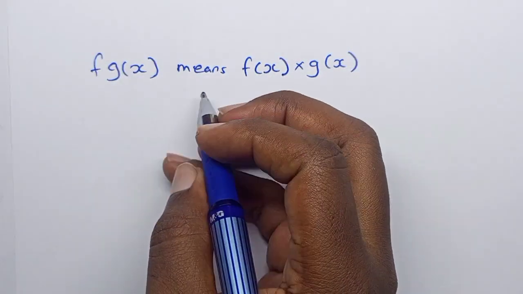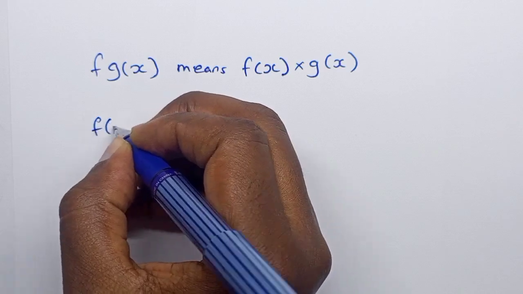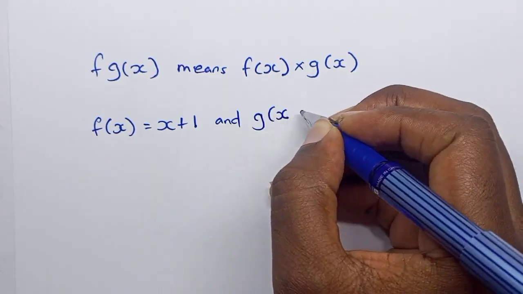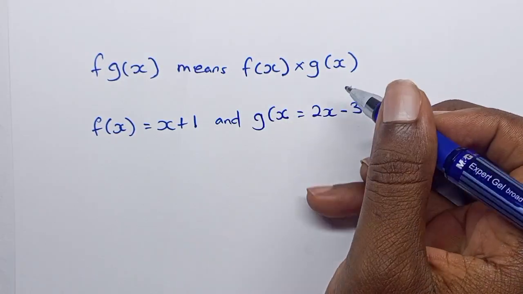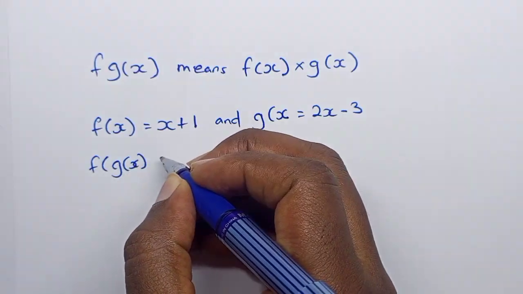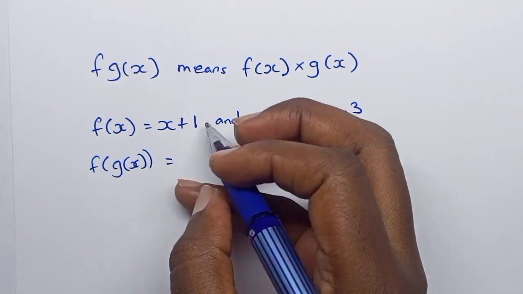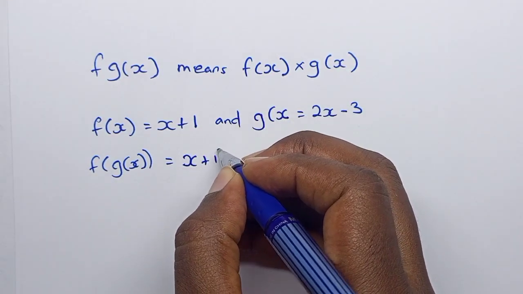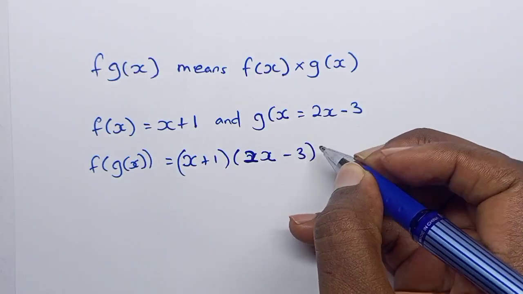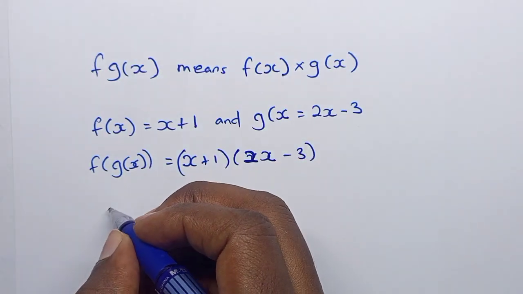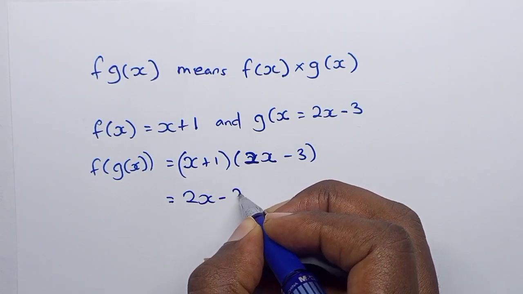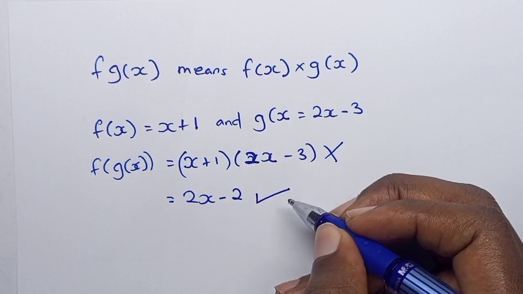For example, if f of x is equal to x plus 1 and g of x is equal to 2x minus 3, the error will be to think that f of g of x is equal to x plus 1 times 2x minus 3. This is not right. Rather, the correct answer would be 2x minus 2. So this is wrong and this is the right approach.